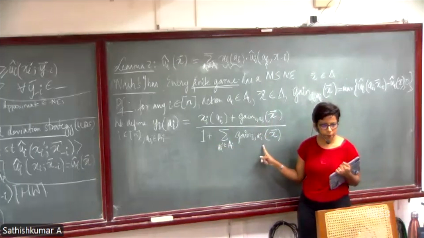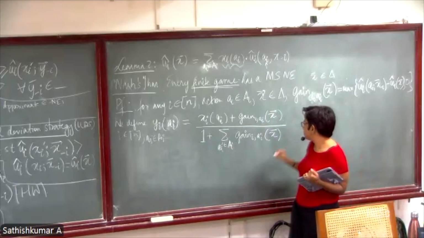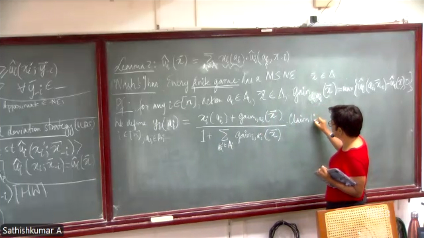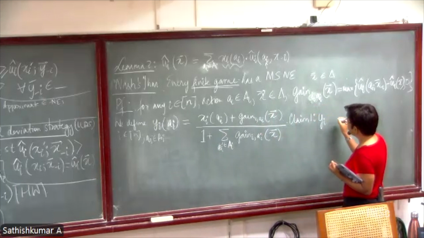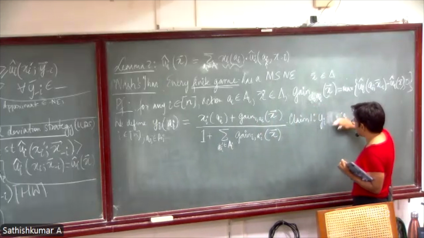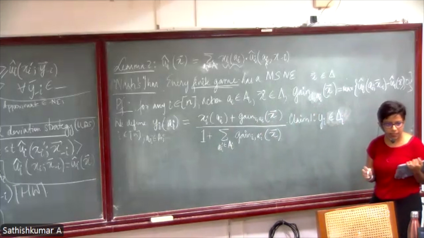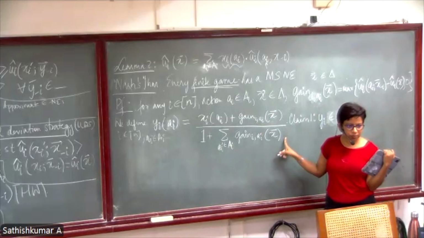Okay. So I want to claim that yi is basically a probability density function. The denominator is quite predictable, as you can see.